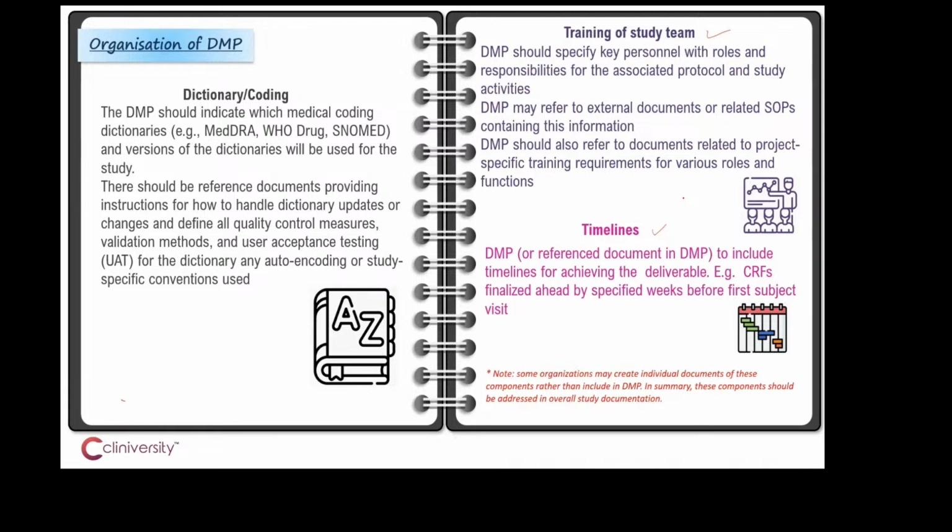Or let's say there is another protocol looking at the survival rate of the patients. They will have their first data cutoff when the first deaths occur in the study. So those milestones will be referenced in the DMP, or at least it will give the link to the milestone tracker, which is getting updated regularly.